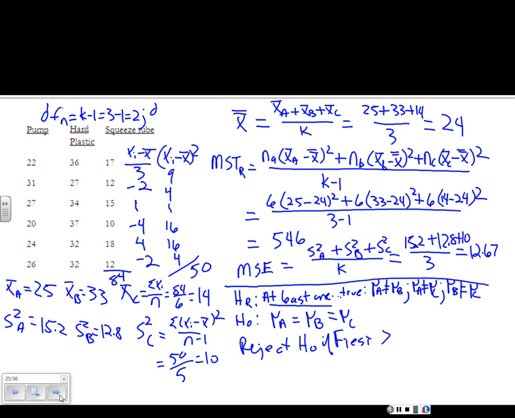And the degrees of freedom for the denominator is the total sample size minus k, which is 18 minus 3 is 15. So you go to your F table, make sure you get the F and not the Q, and you'll get 3.7.